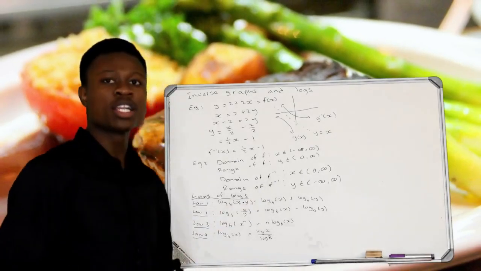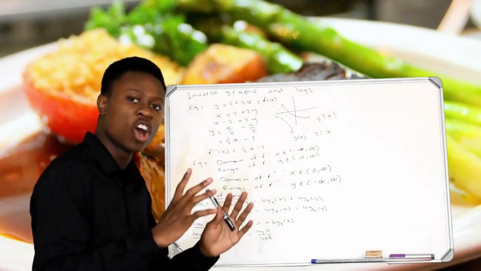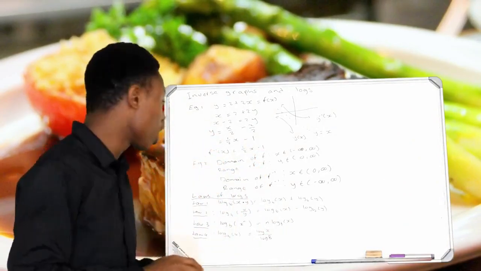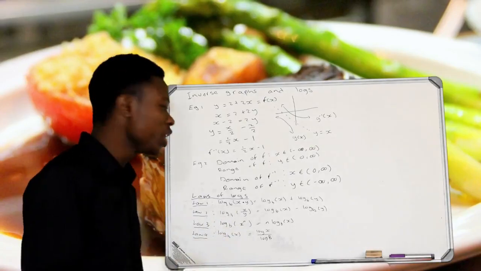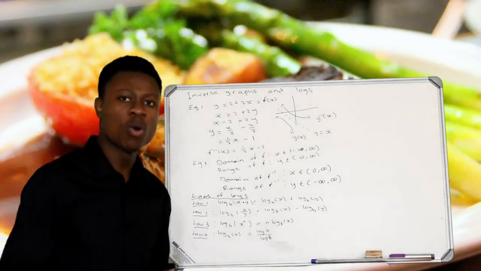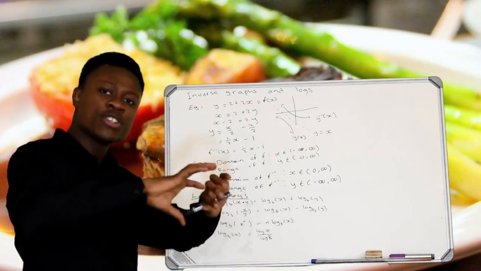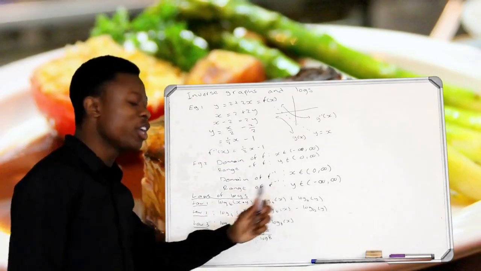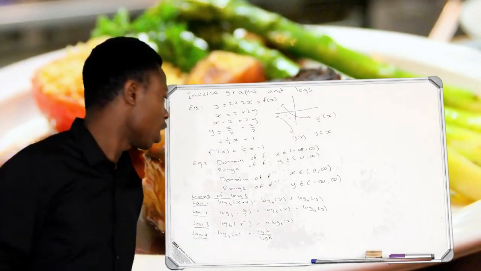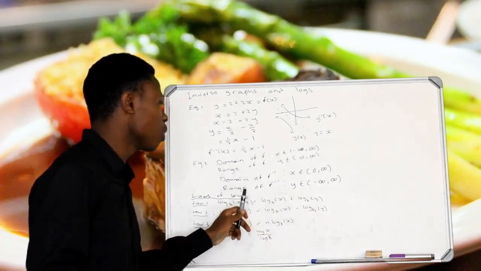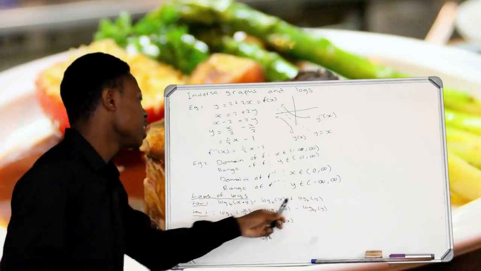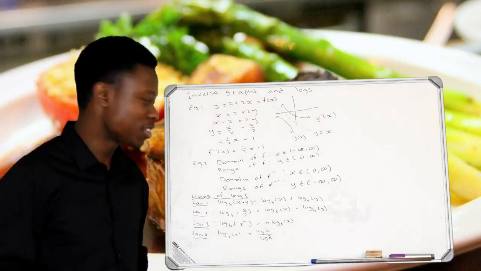That's basically when you multiply inside one log. Law 2, what does law 2 say? It says log b of x divided by y. When you separate it, it becomes log b of x minus log b of y. As you can see, the difference between multiplication and division is a negative and a positive sign, right?